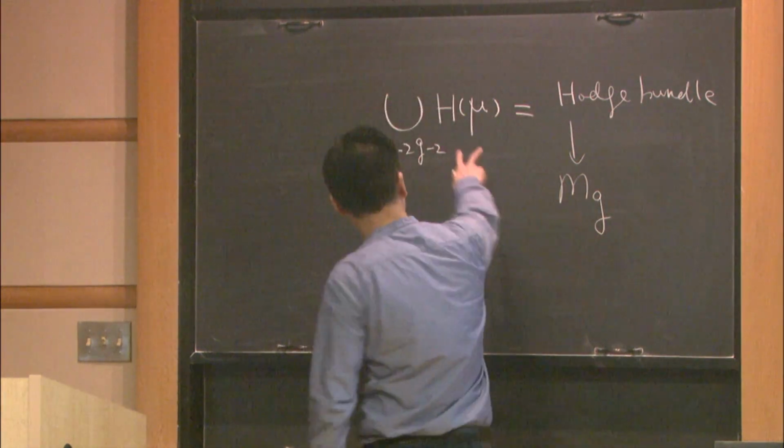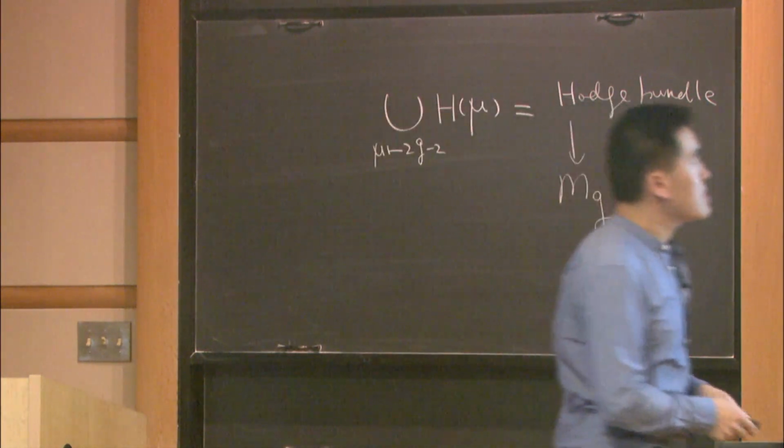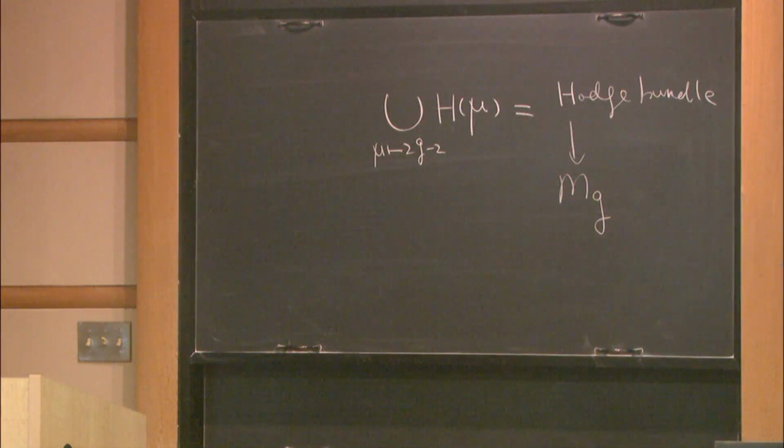So in other words, these H mu stratify the Hodge bundle by their zero type. If you take the most general partition given by 1, 1, 1, 1, that means you pick a general one form or general canonical divisor. You expect it to have simple zeros only, just like when you pick a random polynomial, you expect simple roots. And here, if I have two zeros, maybe they're arbitrarily close and eventually they merge.